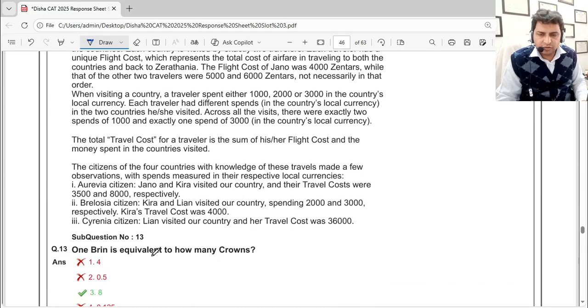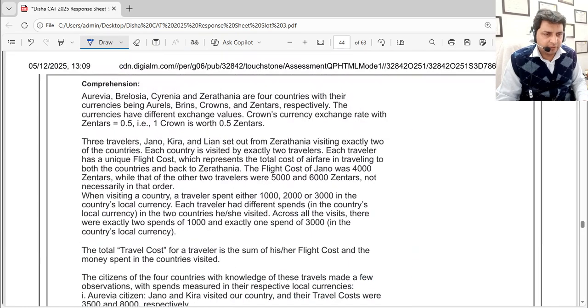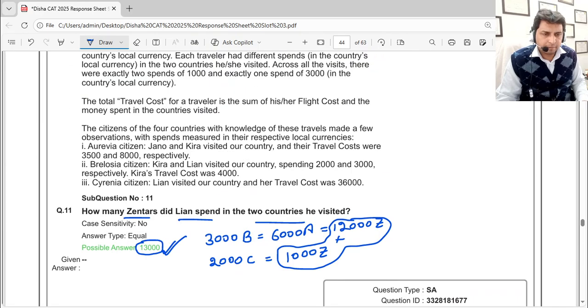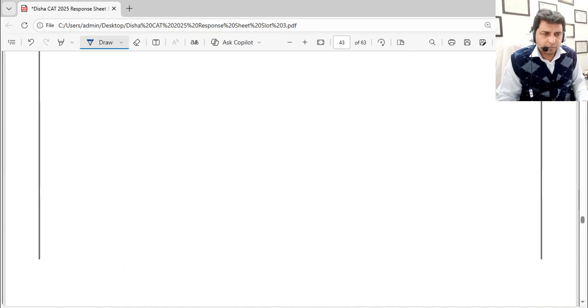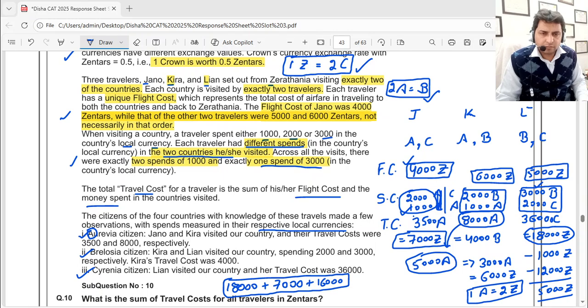The next question, 1B is equivalent to how many crowns? Now relation we had, 1B and C, we have to find out. Now A has a relationship with Z, Z has a relationship with C, and straight away a ratio we can find out. Let's find out the relationship between them right away.